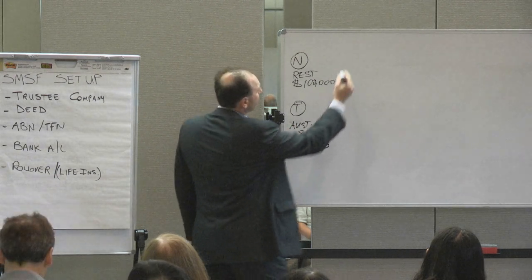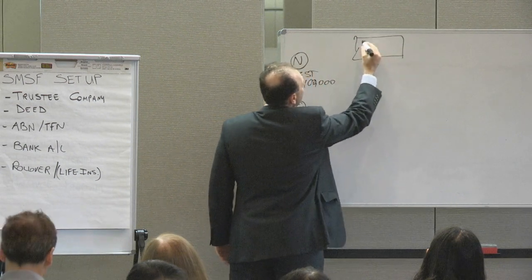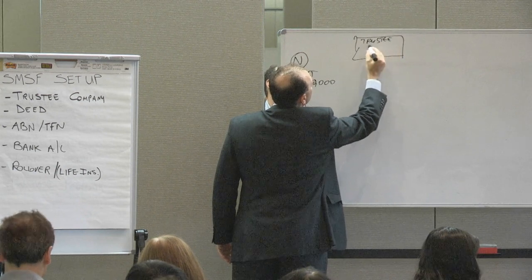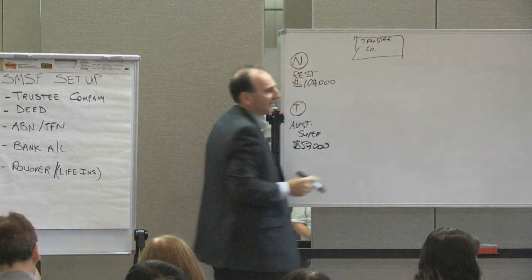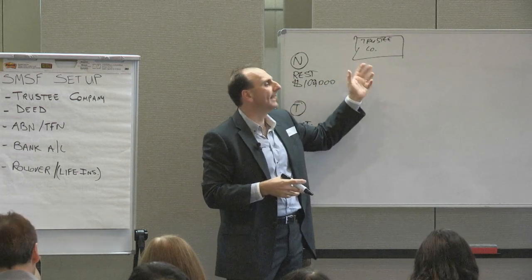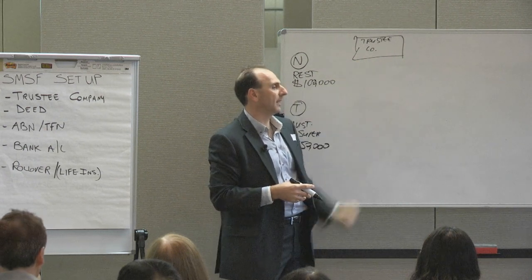All right, so the first thing that we need to do to start to put the whole structure together is open up a trustee company to administer the superannuation fund. That becomes the actual god of the superannuation fund.